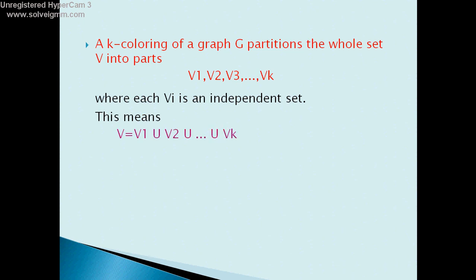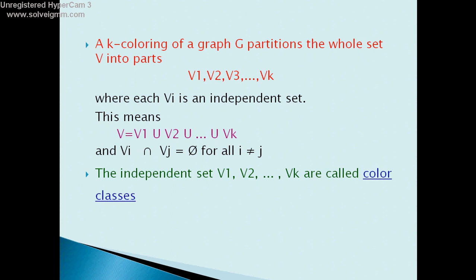This means V is equal to V1 union V2 up to Vk, and Vi intersection Vj is equal to phi for all i not equal to j. And these independent sets V1, V2 up to Vk are called color classes.